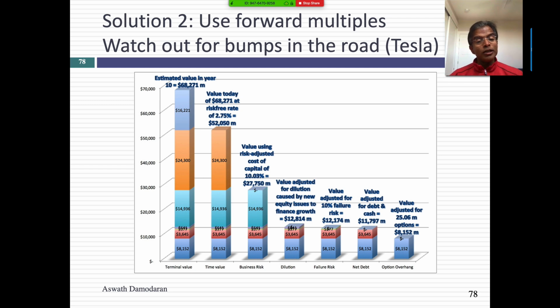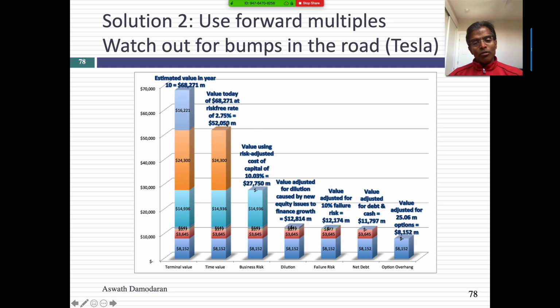So if you tell me your earnings in year 5 will be 500, and you say my price earnings ratio will be 20, 20 times 500 is 10 billion, but that's in year 5. You got to bring it back to today. And to show you how much of a discounting there will be on that number, I'm going to show you a valuation I did of Tesla way back in 2014. My expected value in year 10, my terminal value, is 68.27 billion.